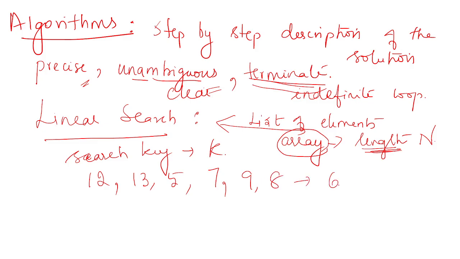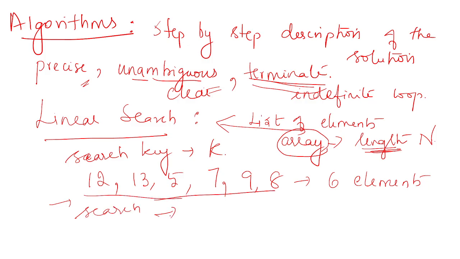you have a total of 6 elements here in the list, and anyone can search whether a particular value is present in the list or not. Say, for example, the search key in the current example is 7. If you want to find out whether 7 is present or not, linear search starts from the first element and keeps comparing the search key with every element in the list.